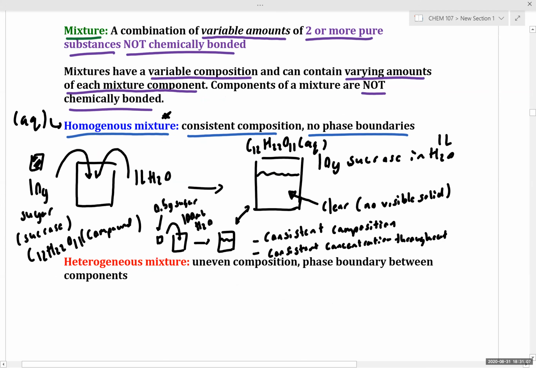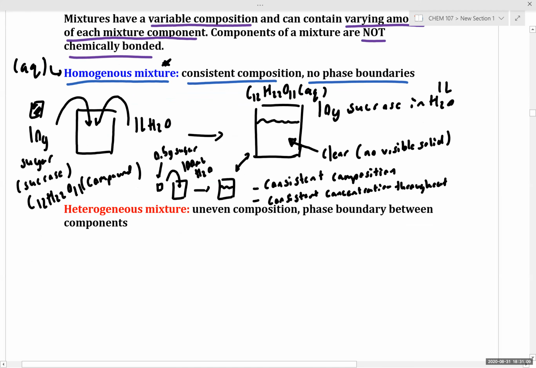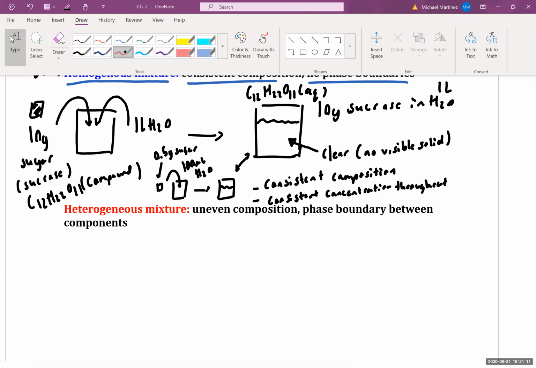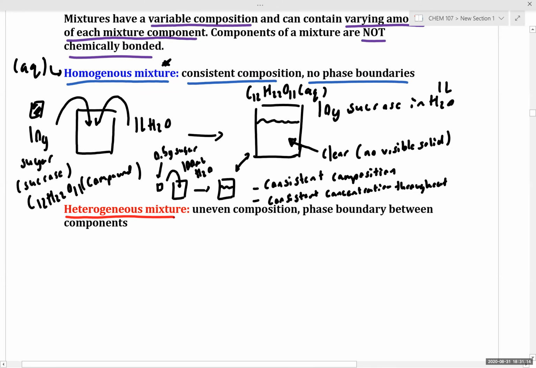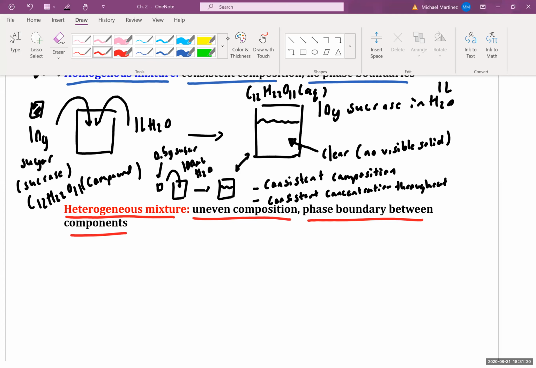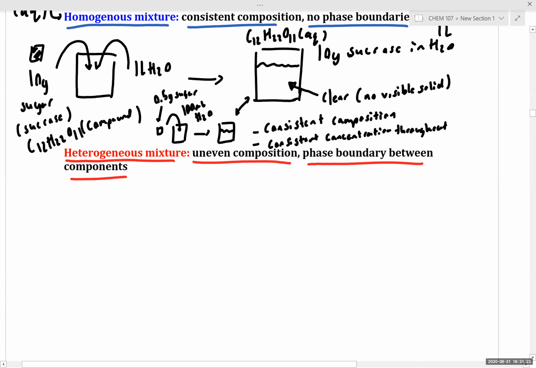Let's look at a heterogeneous mixture. Heterogeneous mixtures, in the opposite case, have an uneven composition and there's a phase boundary between components. So an example of a heterogeneous mixture would be oil and water. A classic example of an oil-like substance would be hexanes, which would be C6H14.